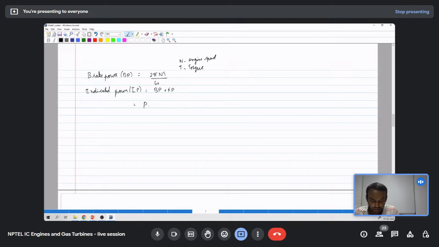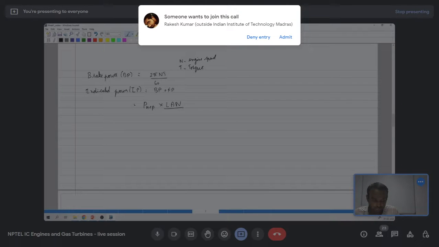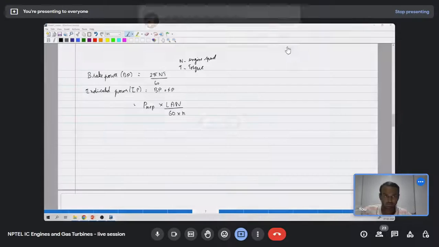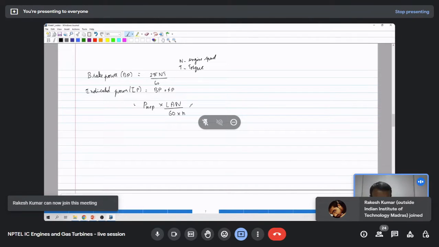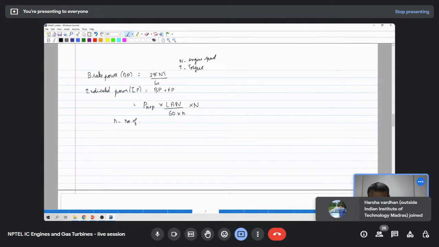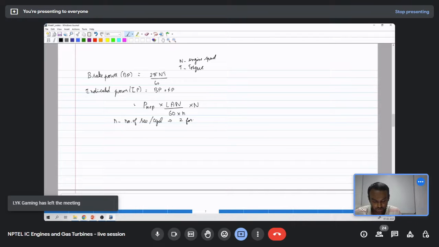We have P MEP into L A N by 60 into number of cylinders. So here the small n represents number of revolutions per cycle. So this would be 2 for 4 stroke and 1 for 2 stroke engine, and n is number of cylinders.